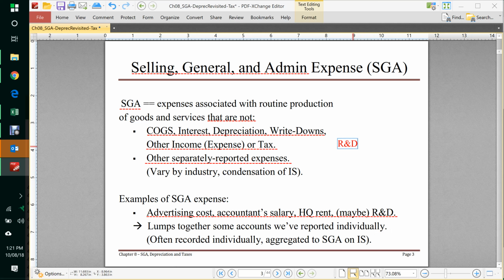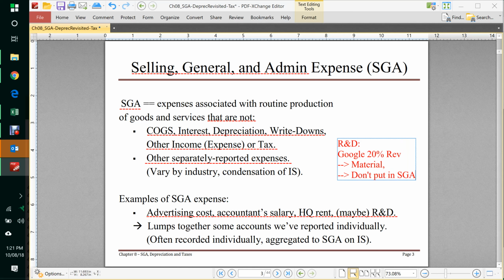R&D. For something like Google, it's going to be something like 20% of revenue. That means this is material, and that means we don't want to put this in SGA.